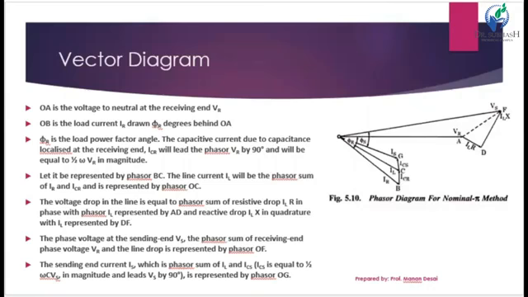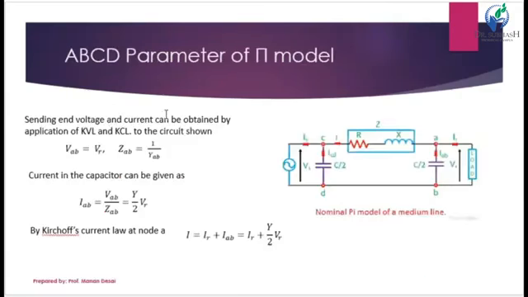Now in the ABCD parameters of the pi model, we are going to take a look at the calculations of the pi model. The sending end voltage and current can be obtained by application of KVL and KCL.